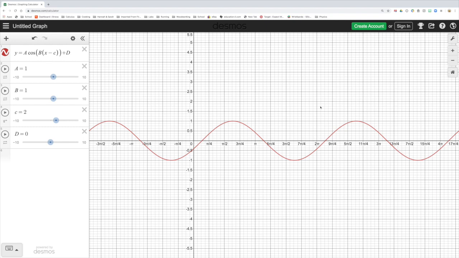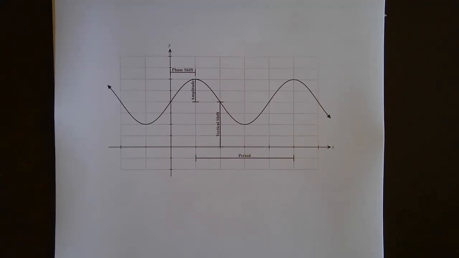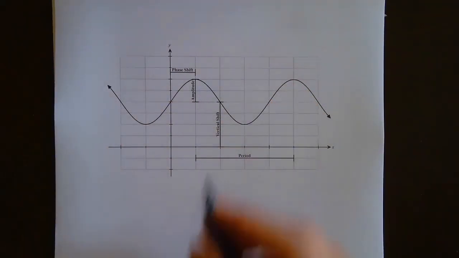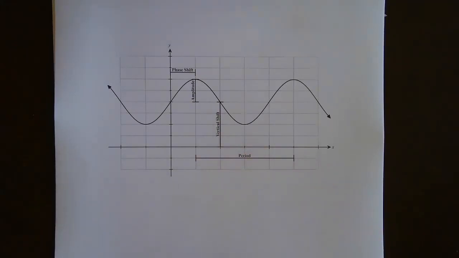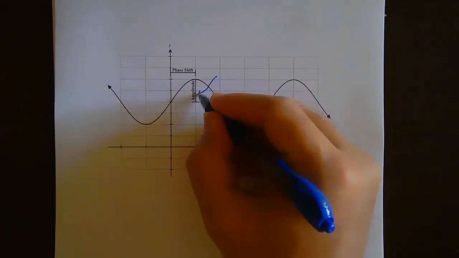So let's go ahead and go to the back page of that transforming periodic functions, and we'll look at that. All right, so you're on this page now. This distance right here is called the amplitude, and that's our A value for our function. That's our vertical stretch. So I'm going to draw a little arrow to this.